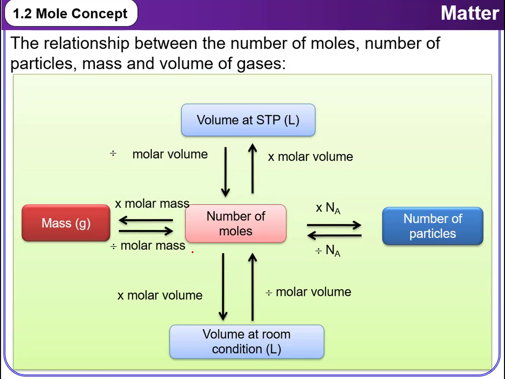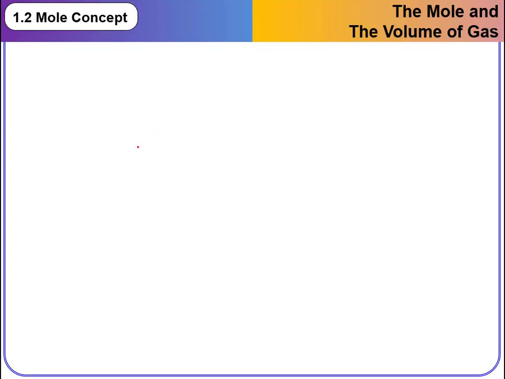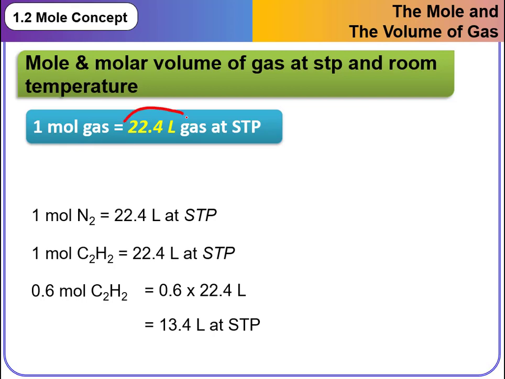So the key here is you have to determine the number of moles. Then only you can convert into mass in gram, or the volume, or calculate the number of particles, or calculate the volume in room condition. So remember, 1 mole of gas equals 22.4 liter of gas at STP.